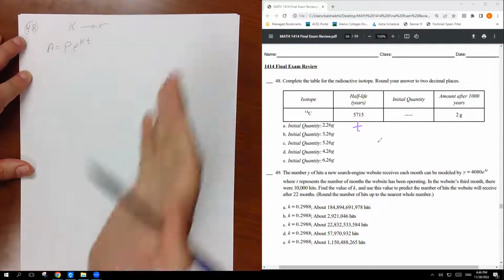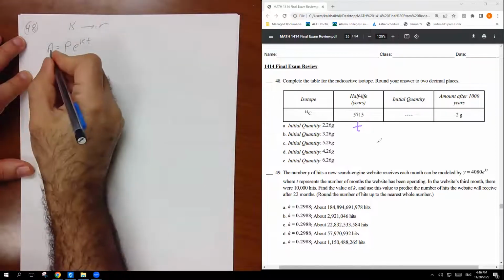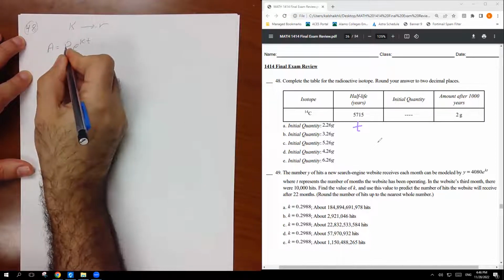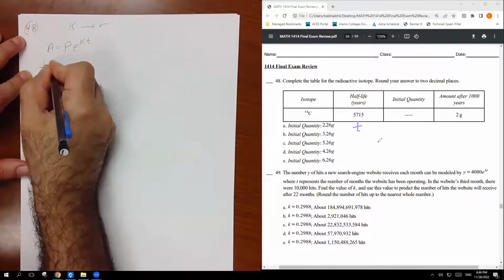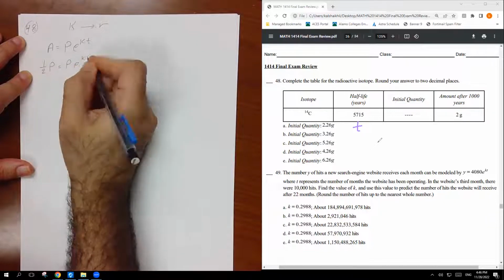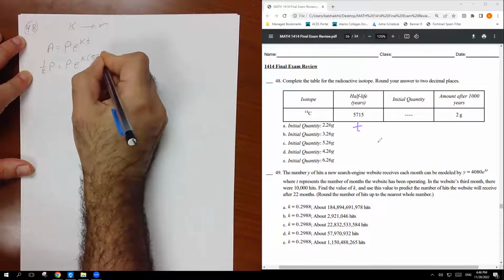So now they're telling you the half-life is 5,715 years. That means when the future amount is half the initial, half of the initial equals P e^(k times 5,715).